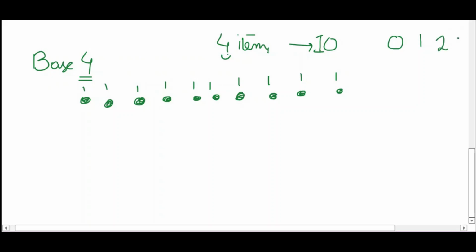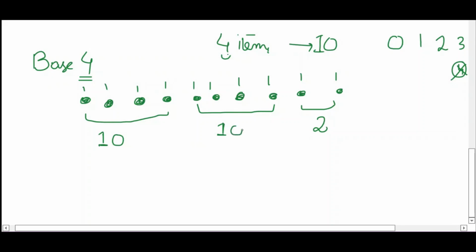I cannot use anything other than these, because 4 indicates my full group. So let me group them in 4s. This left over I can write down as just 2, a single digit, because it's not grouping yet. This one is a full group of 4 and no more. This one is a full group of 4 and no more.